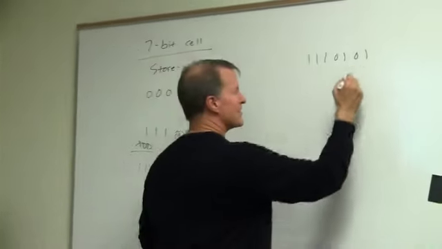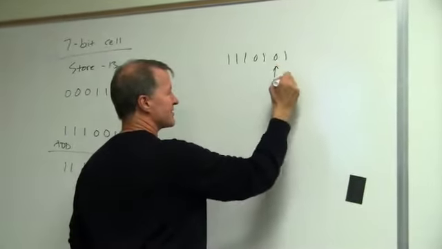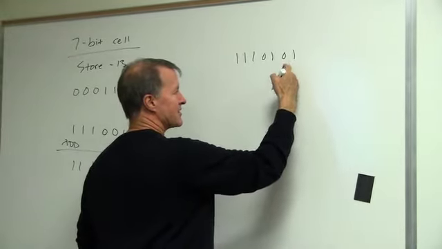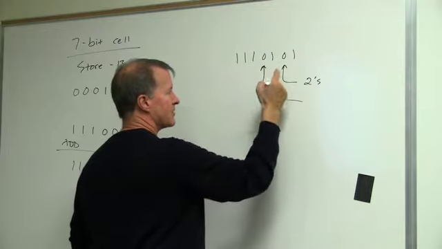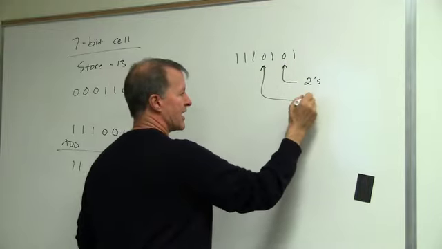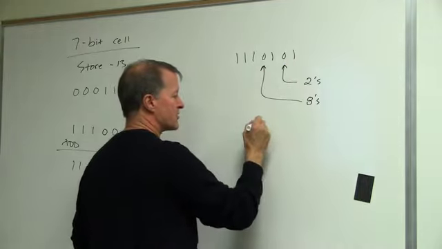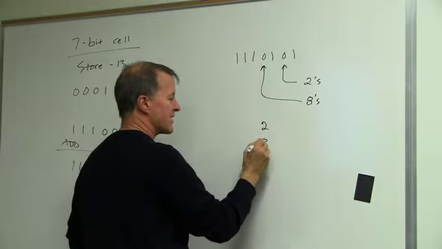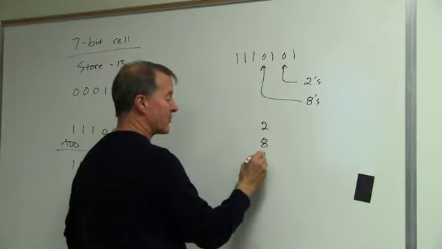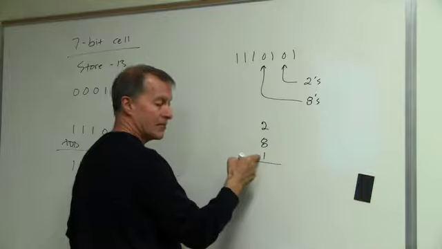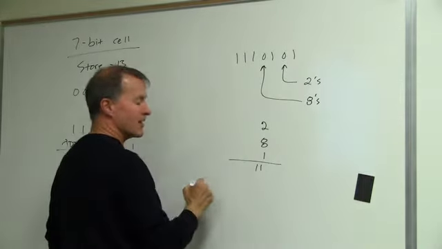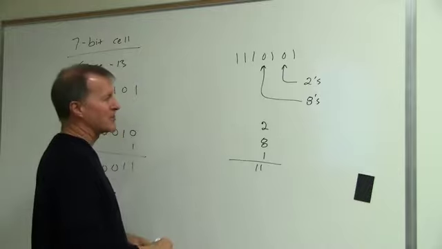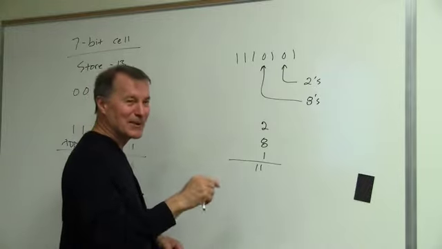Okay, so watch this. Which place is this? This is the 2's place, right? Which place is this? 1, 2, 4. This is the 8's place. So you have 2 plus 8, but then you have to add plus 1. This is this extra 1. So this is 11, which means that this is negative 11. Oh, that was a bad example because 11 is 1, 1 in decimal.